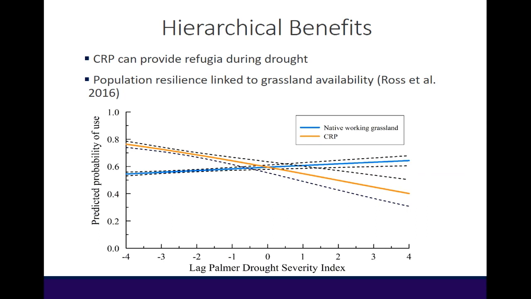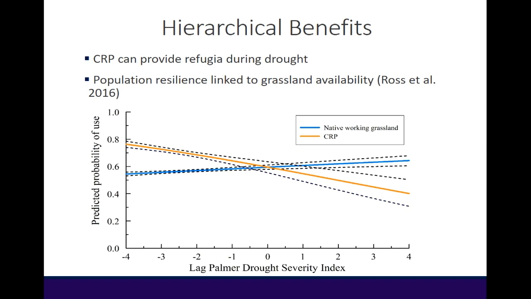So we've looked at a hierarchy of effects on the use of CRP, based on spatial components so far. On this graph, we're tying in some temporal variation. Throughout our window of study, we incorporated a period of extreme drought and also some pretty wet years.